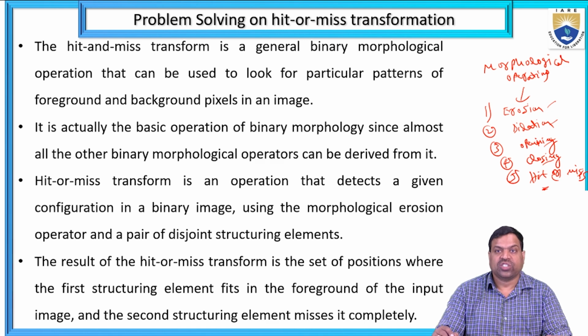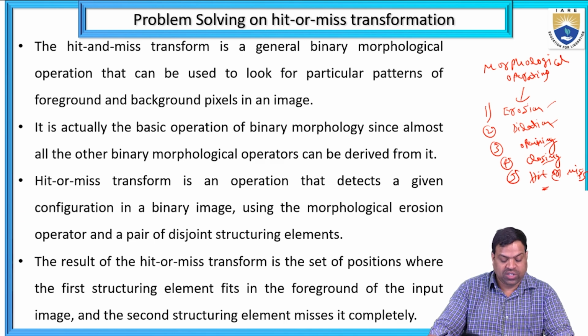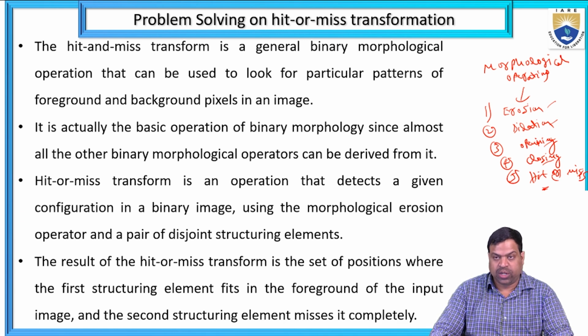Hit or miss transform is an operation that detects a given configuration in a binary image using the morphological erosion operator and a pair of disjoint structuring elements. The result of the hit or miss transform is the set of positions where the first structuring element fits in the foreground of the input image and the second structuring element misses it completely.